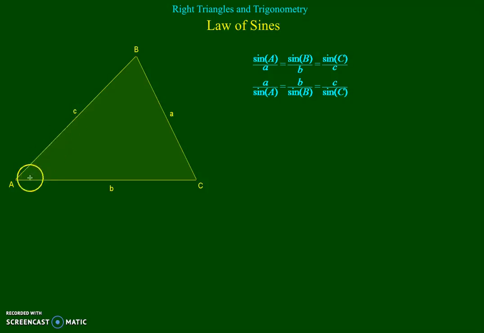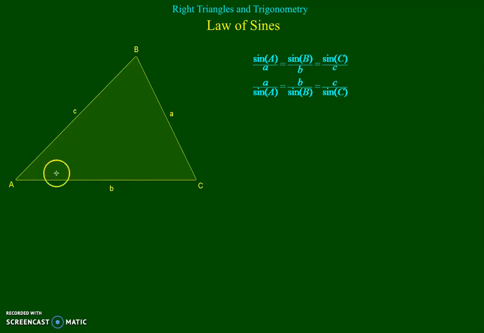Now, to analyze this triangle, to find out the measures of sides and angles, we can still use sine and cosine. First, we're going to look at something known as the law of sines. And this gives us a relationship between these angles and their opposite sides.